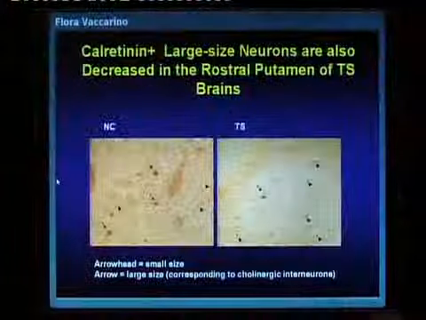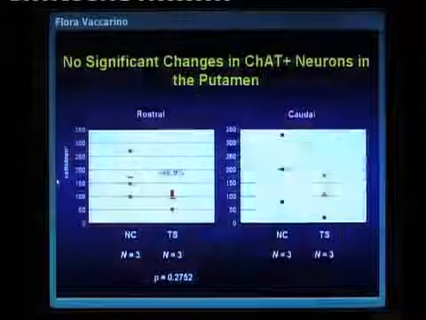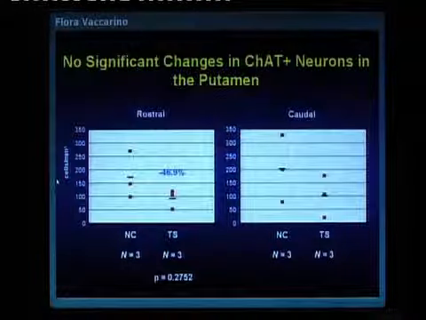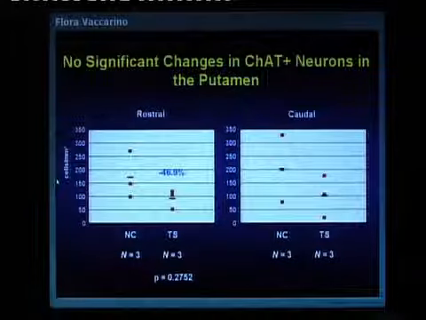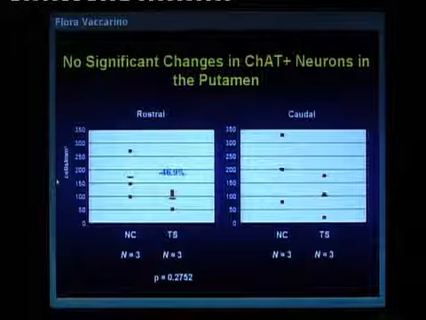The large size cholinergic neurons that are detected by calretinin are also increased in the rostral putamen, and you can see them here, small one, big one, and this does not correspond to a change in cholinergic neurons detected by choline acetyltransferase.